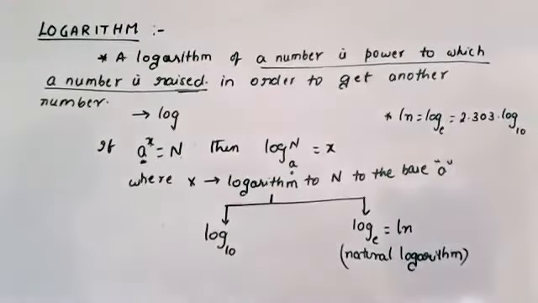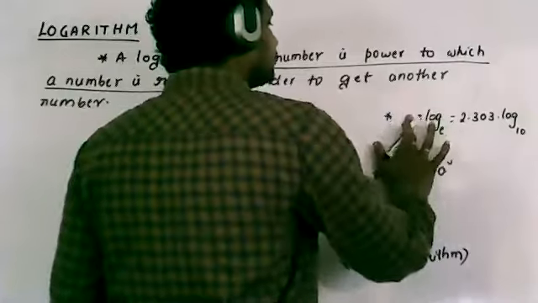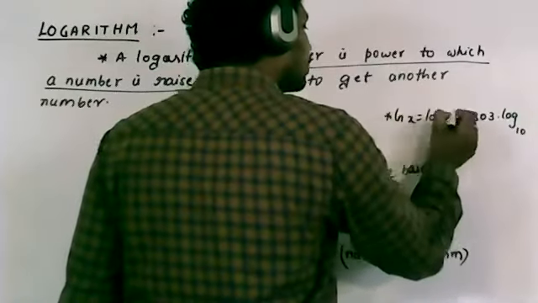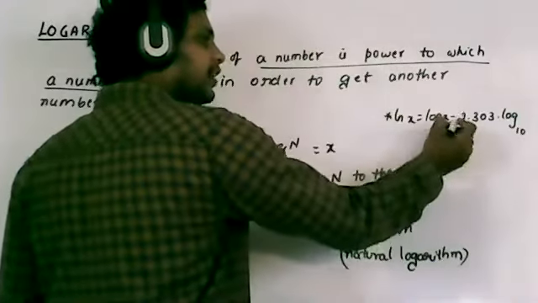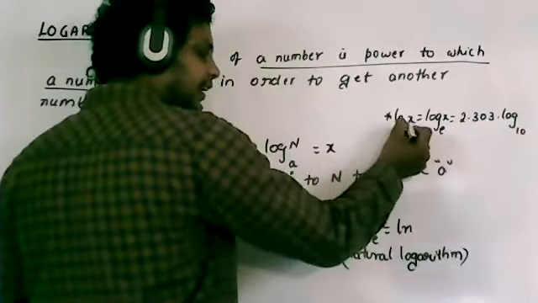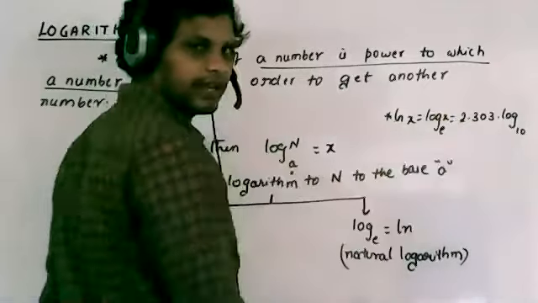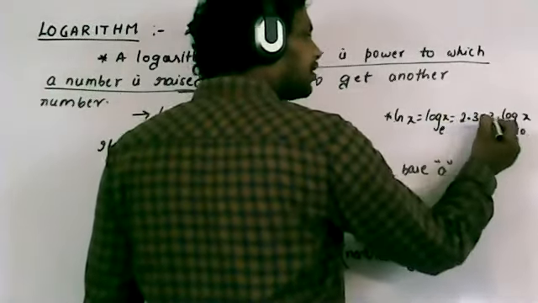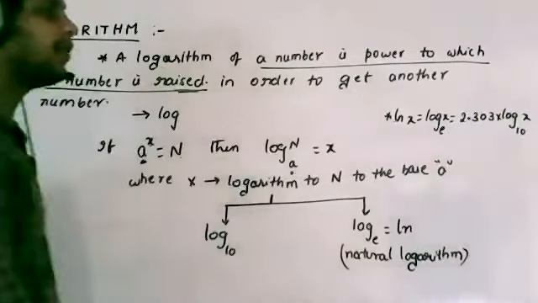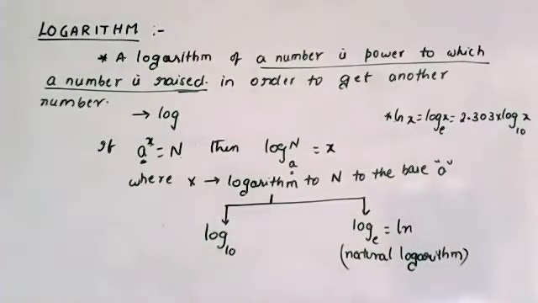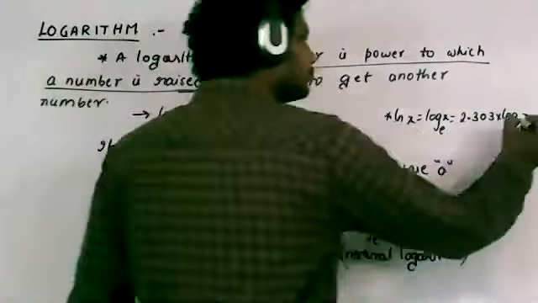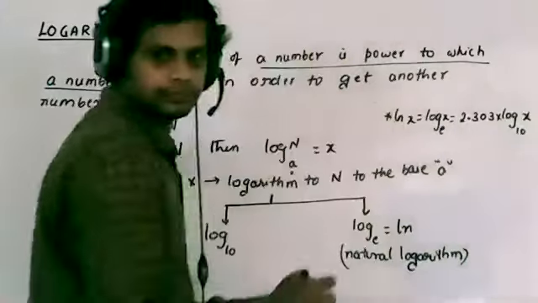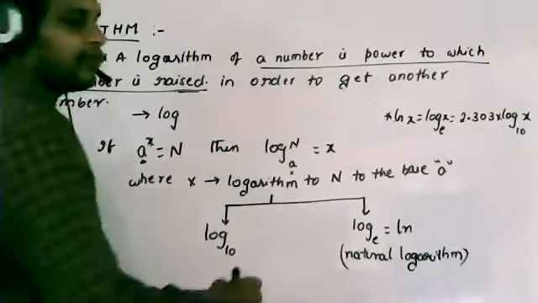For example, ln x, that is log of x to the base e, can be taken as 2.303 into log x to the base 10.